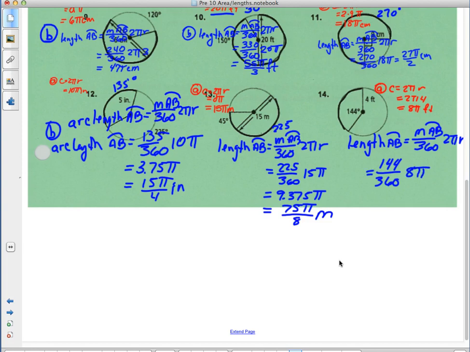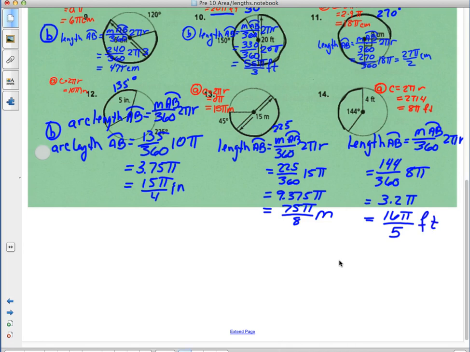So I've got 144 divided by 360 times 8. And that's 3.2 pi, but as a fraction, I've got 16 pi over 5. Okay, and that is in feet.